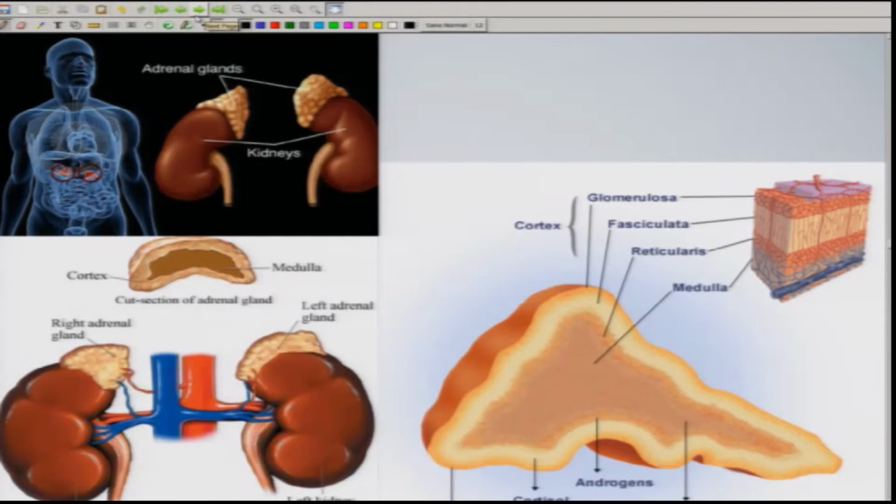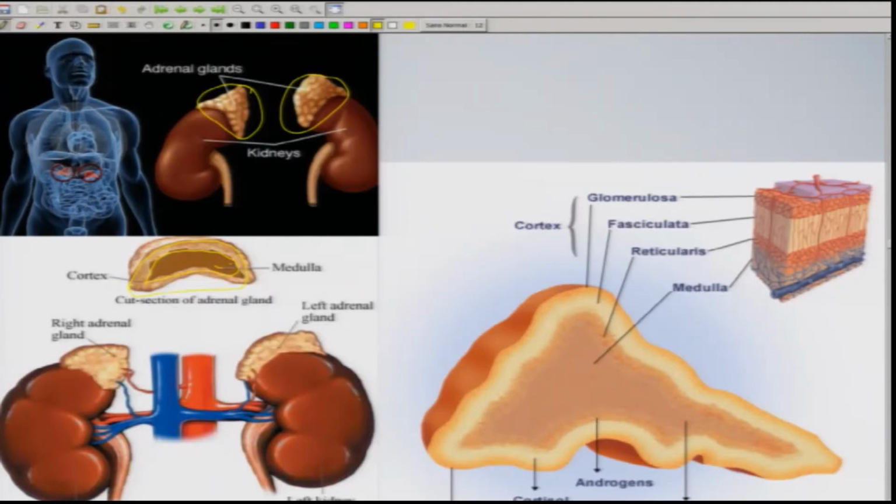The adrenal is located just at the top of the kidney. These two are the adrenal glands. If you see through the cross section of the adrenal, the outer periphery is called the cortex, and the inner core is called the medulla.